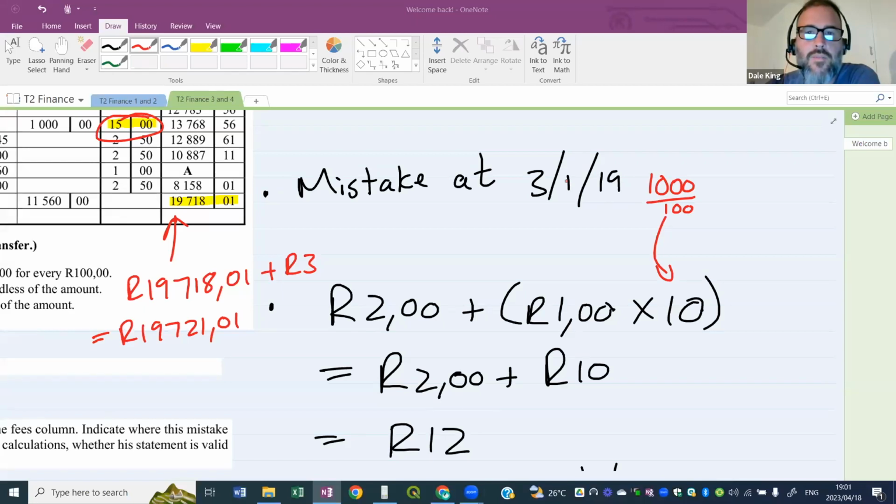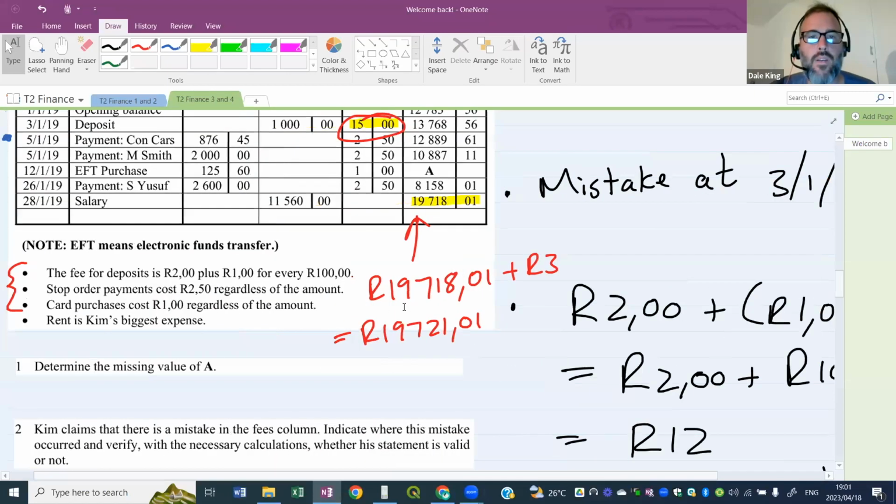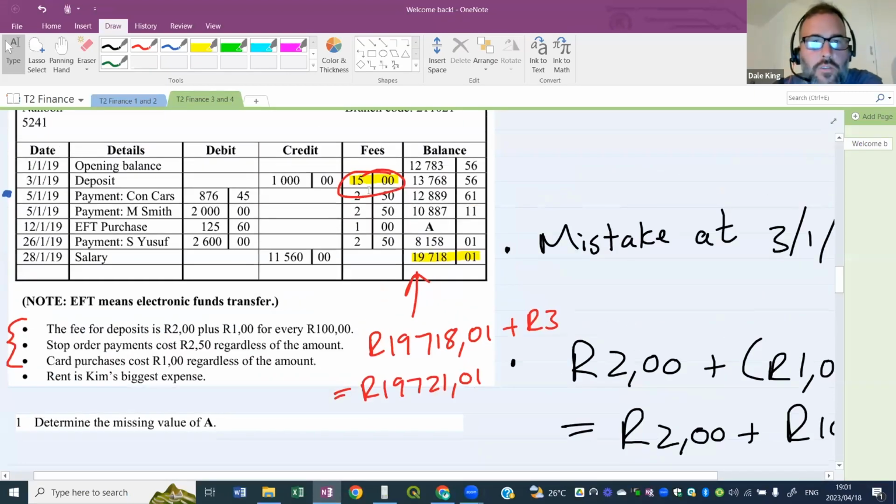I wanted to ask, where does the 3 come from when you said 19,718 comma 01 plus 3? Okay, I'll tell you. Did you see in the bank statement that they charged a fee of 15 Rand for the deposit? Do you see that? Yes, sir.